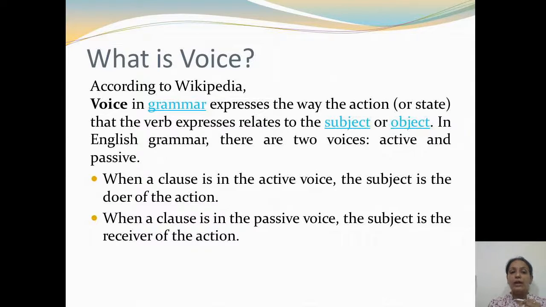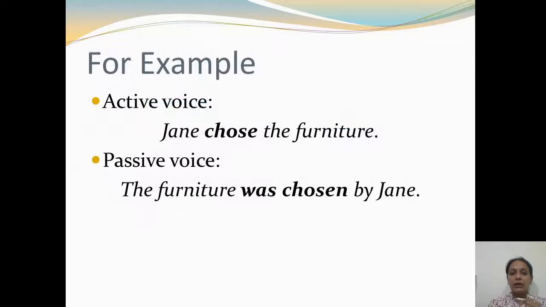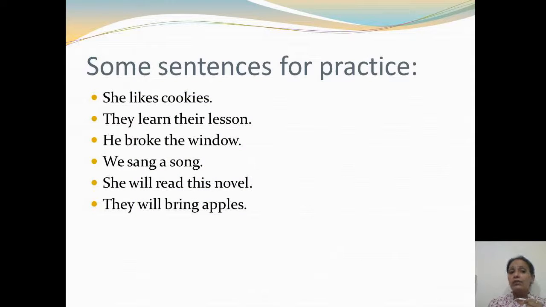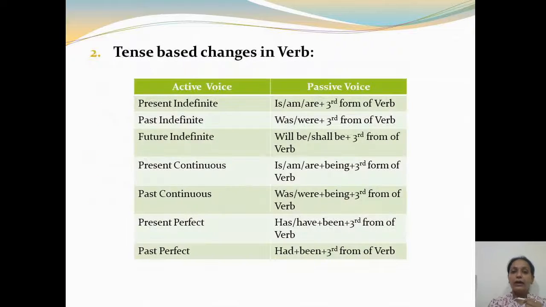I mean to say, the receiver of action will now become the subject. Now in this sentence, cookies is the receiver of the action, so cookies will come to the front, and the sentence will be rewritten like cookies are liked by her, right?